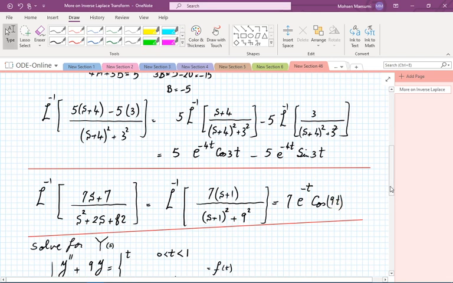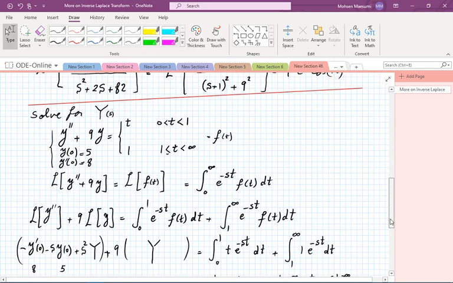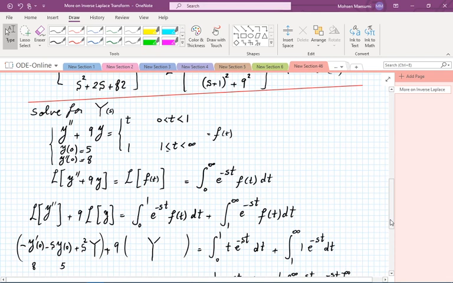Some problems have a complicated right hand side, which the official term for it is a discontinuous forcing function. So this is like a force that grows linearly with t. Let's just give a little bit of a preview of what's coming up later on.